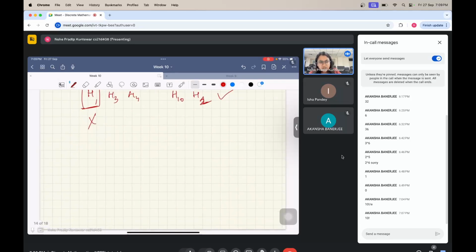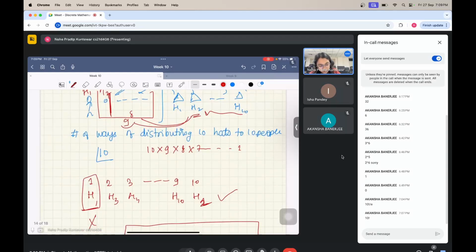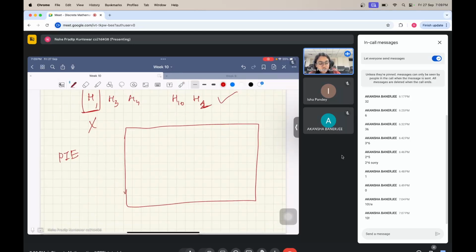This is similar to the PIE framework, the principle of inclusion exclusion framework that we have been building. The first count that we obtained, 10 factorial, is the total number of arrangements that are there.